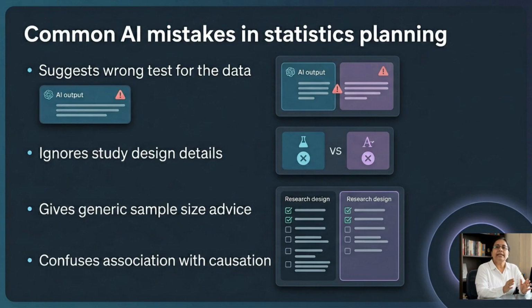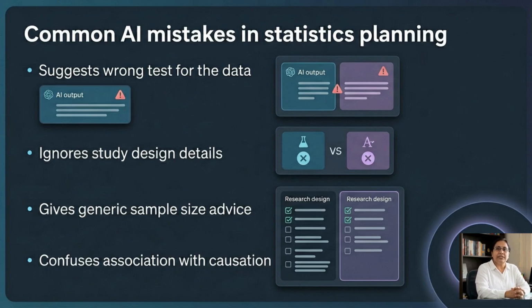What kinds of mistakes does AI commonly make in statistics planning? Sometimes it suggests the wrong statistical test because it does not fully understand the data type, number of groups, or study design. Sometimes it gives generic sample size advice without sufficient detail on effect size, prevalence, variability, or dropout.